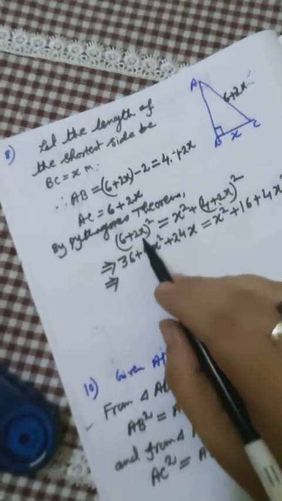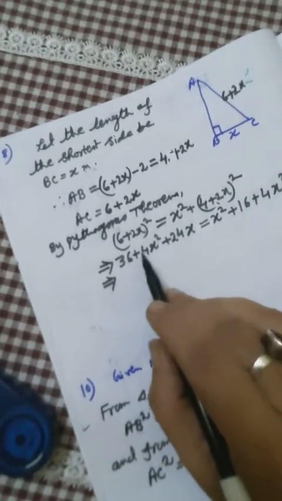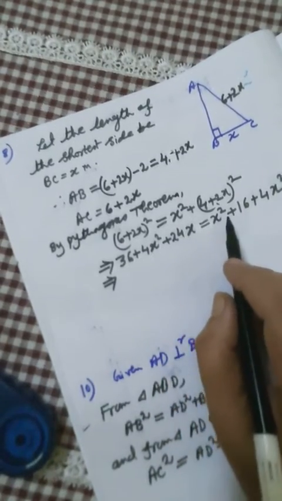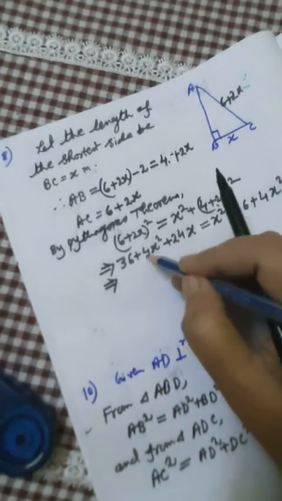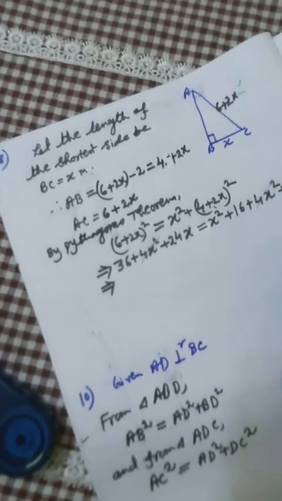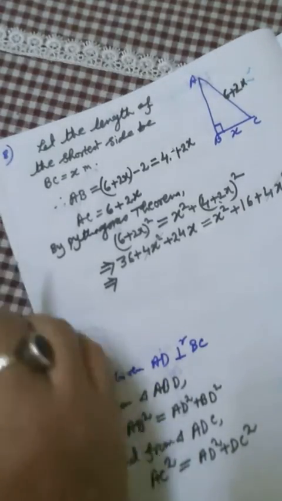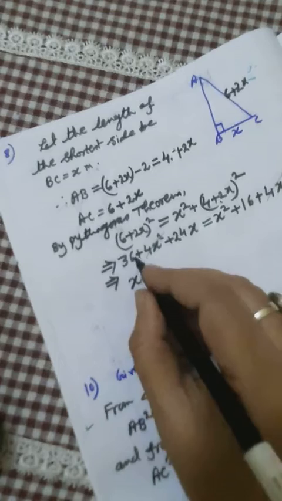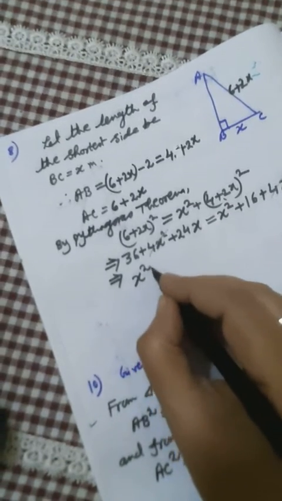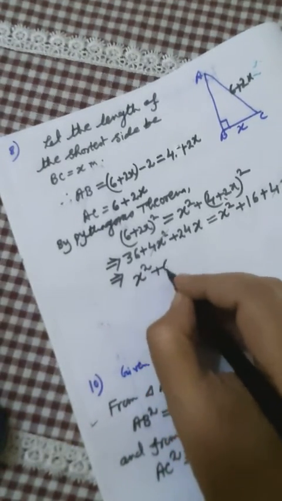By expanding this, we get a square plus b square plus 2ab, and the same on the right hand side. And what we find is that 4x square and this 4x square get cancelled. Now you take all of them to the same side, transferring them to the other side.